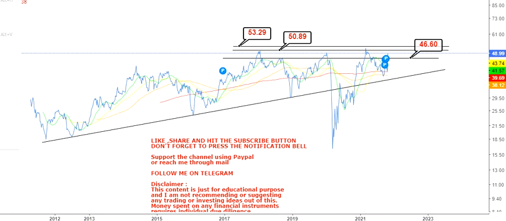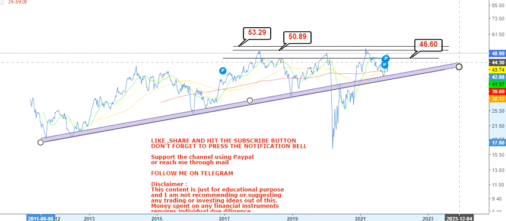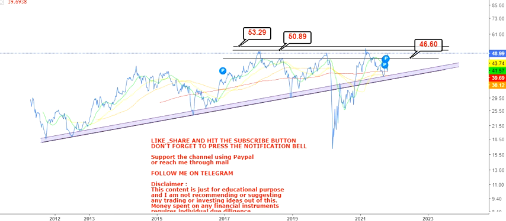So now you can clearly see how the trend looks. Okay, so it is clearly visible in the chart.